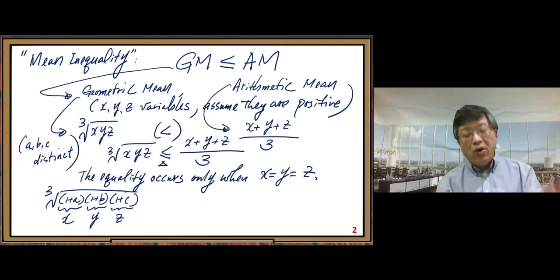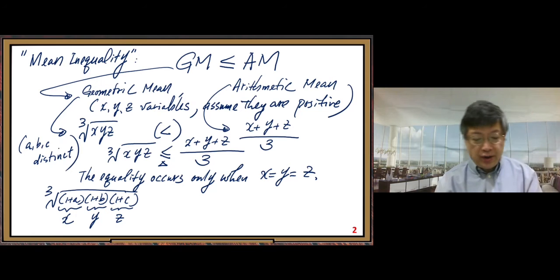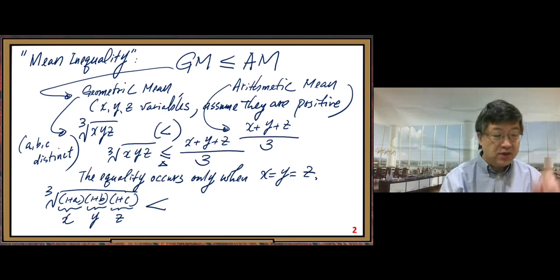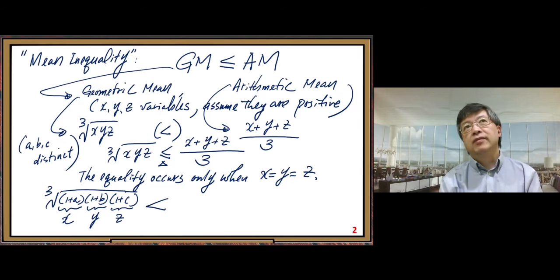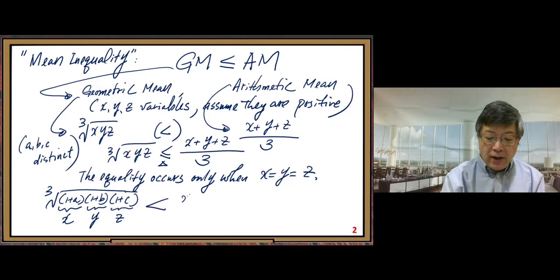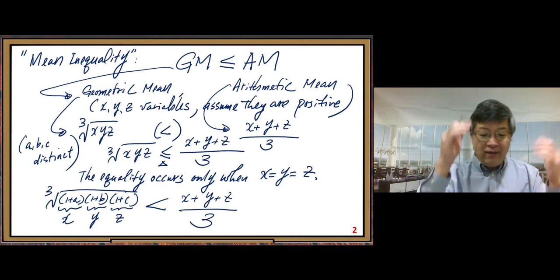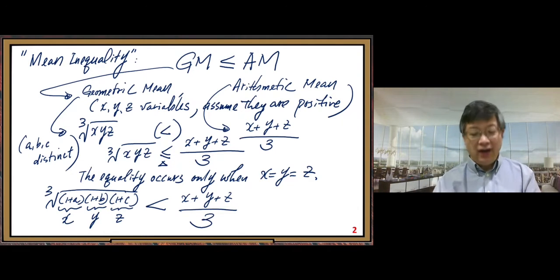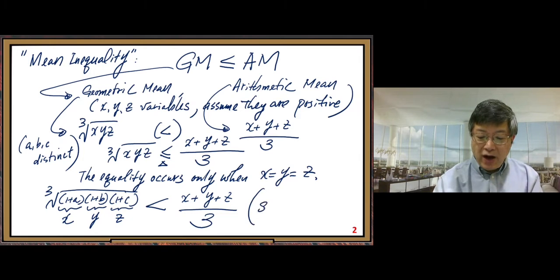Distinct condition. So we can remove the equality case. We can use strict less than X plus Y plus Z over 3. How about that? So then you simplified.